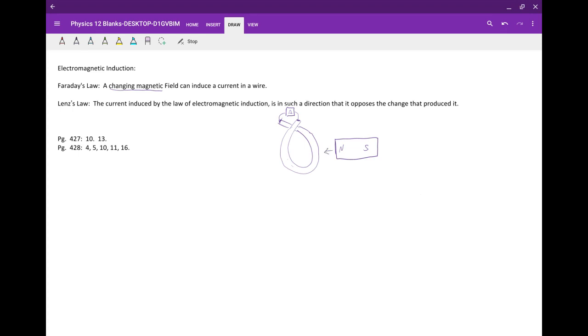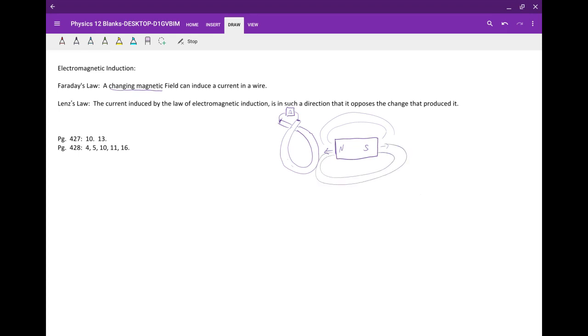So if I push this magnet in like that, for example, or if I even pull it out like that, then the magnetic field is changing, right, at that point, because the magnetic field around this magnet is here.